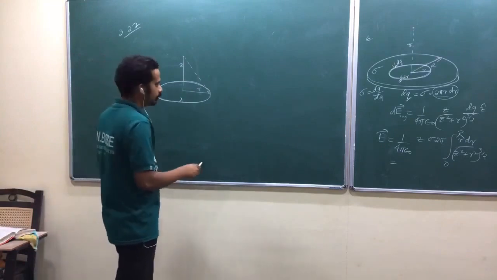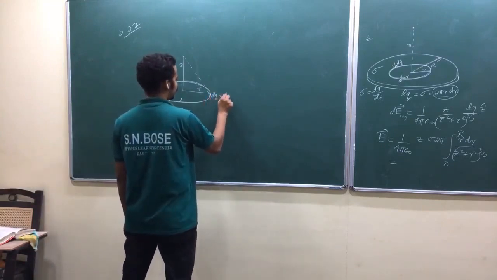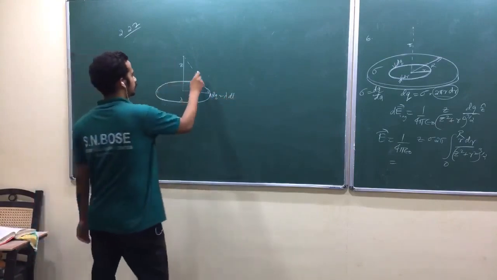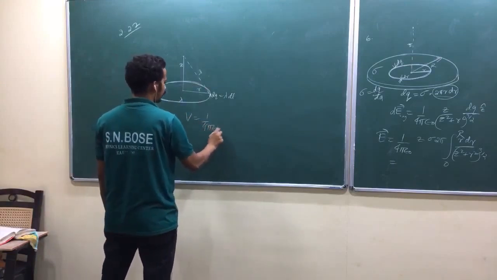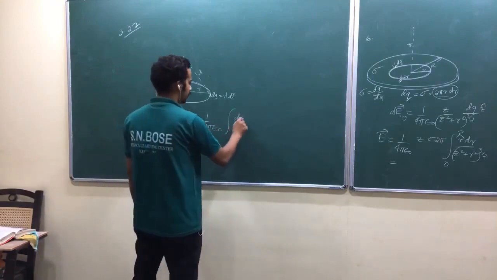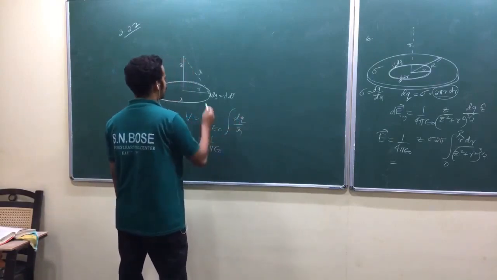Is that okay? So now you have to take dq, which is equal to lambda dl, isn't it? Then this is the italic r. So the potential is equal to 1 by 4 pi epsilon naught. No component, nothing, am I right? Just the integration of dq by italic r. Italic r is constant, am I right?